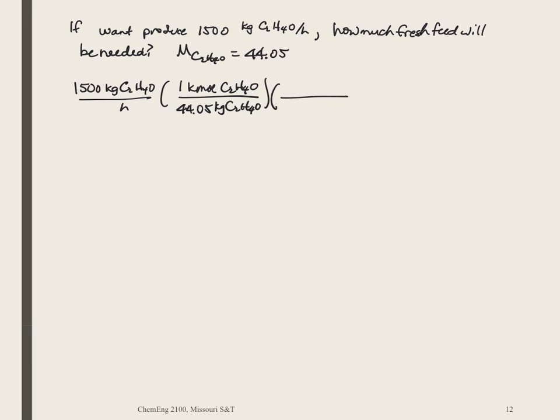And in the original problem, we had 12 kilomoles of C2H4O per hour corresponded to 15 kilomoles of C2H4 fed per hour. Therefore, 42.6 kilomoles of C2H4 per hour required in the fresh feed.